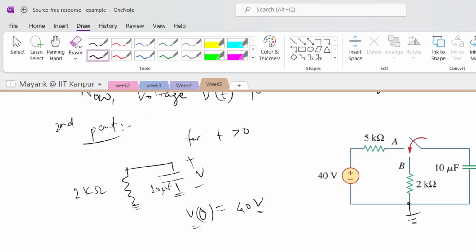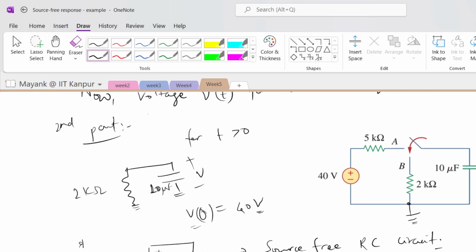Now I have to find out what happens to this voltage as time goes along. For that we remember that for any first order RC circuit, let me remind you, if I have a capacitor like this and a resistor, and the capacitor is charged with some initial voltage V0, this is the classic example of a source free RC circuit, isn't it?